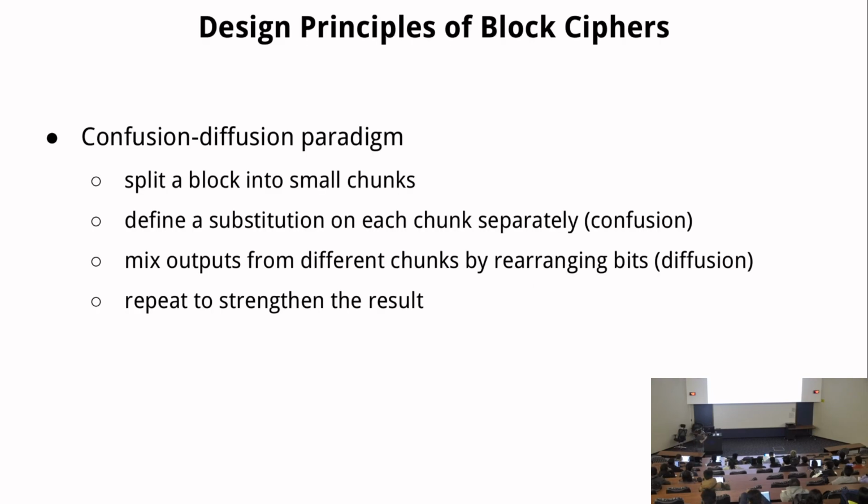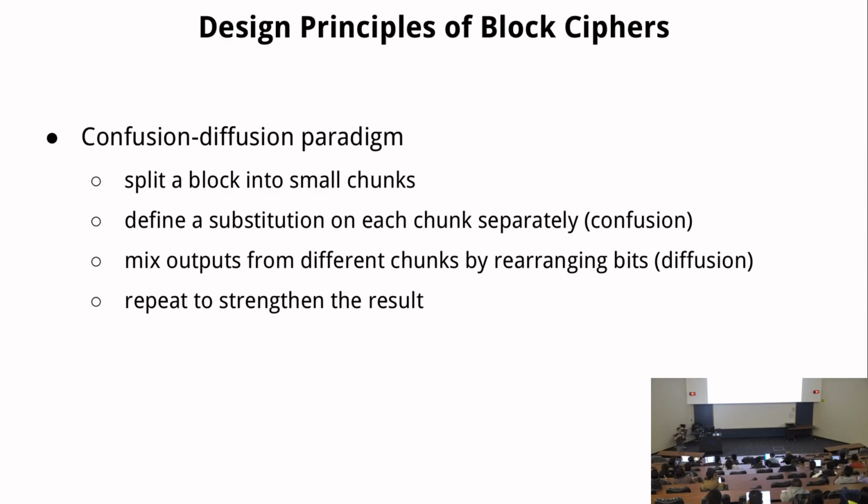So before that, let's revisit the design principles of block cipher. In block cipher, all the designs, there are two principles. One is called confusion, another one is called diffusion. In confusion, we try to do substitution. That's the same as in classic crypto. In diffusion, we try to rearrange the order of bits or bytes.